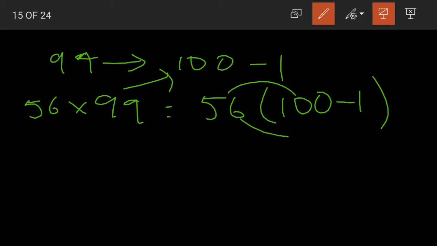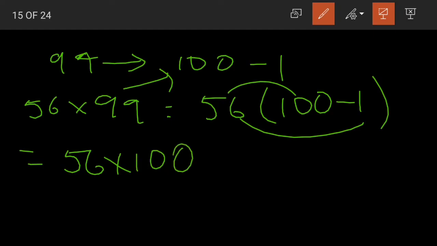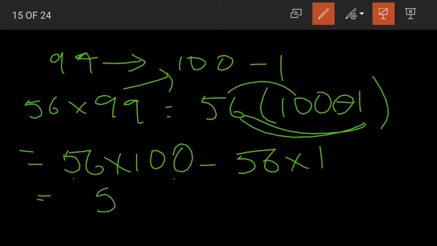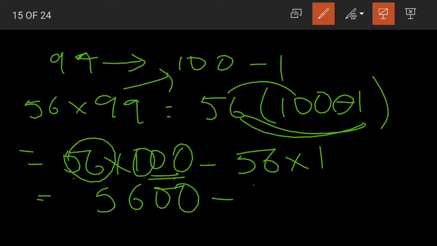Now what to do? We need to distribute: 56 into 100 minus 56 into 1. Yes children, 56 into 100 means what? 56 ones are 56 and then 2 zeros, minus 56 ones are 56.